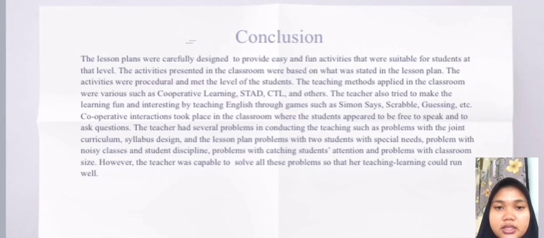The next is the teacher should use more varied teaching methods and techniques to avoid monotony in the classroom and to prevent the students from getting bored. In this case, the teacher should be more creative and find more interesting approaches for teaching English to young learners.